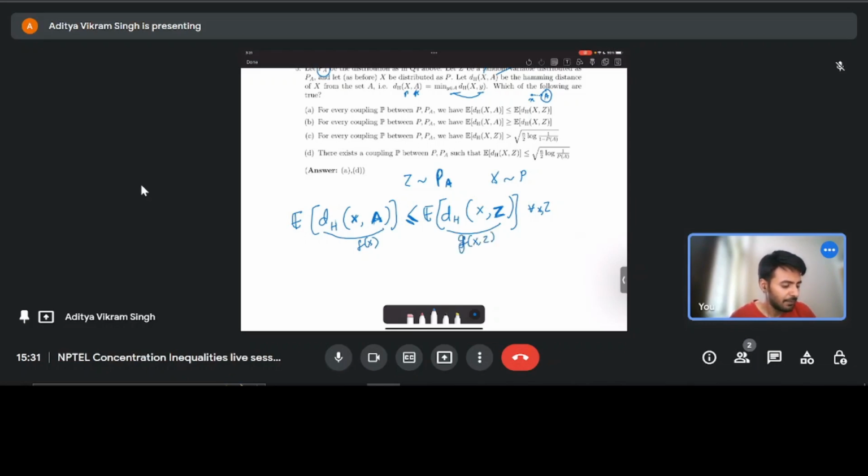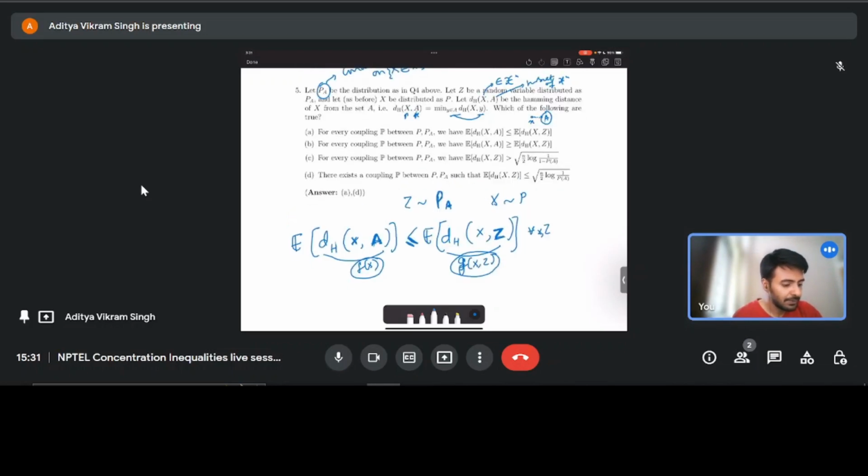So we had one random variable less than or equal to the other for all values. So in expectation also we would have this inequality. So straight away we can say that option A is correct, and this is true for every coupling. When we took the expectation, especially on the right hand side, we took it with respect to any coupling between x and z. It's true for all couplings.